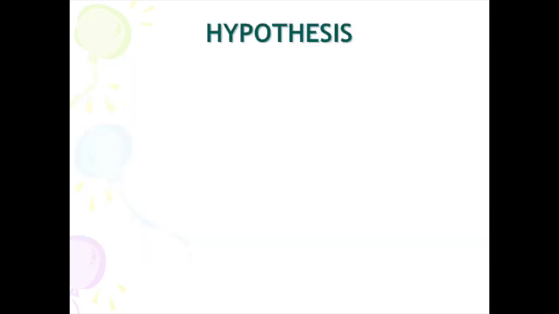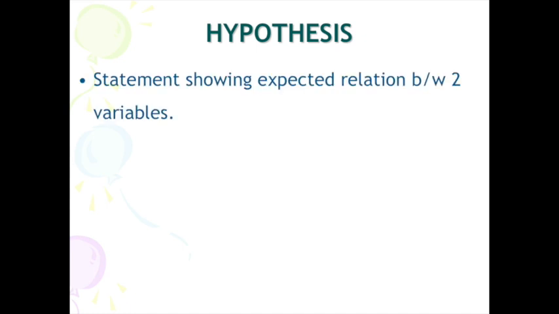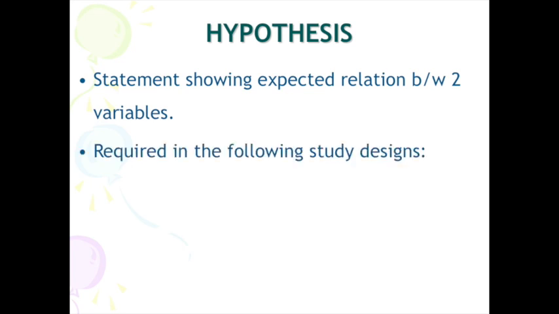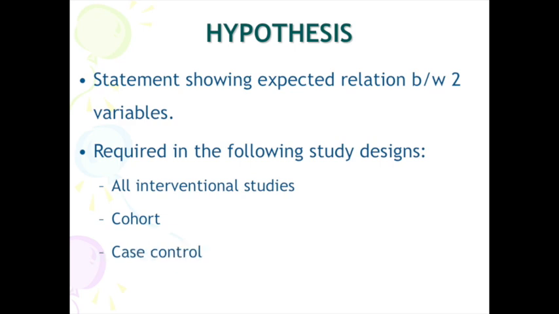Now let's move on to hypothesis. A hypothesis is a statement showing expected relation between two variables. It is required in the following study designs: all interventional studies, cohort study designs, case control studies, and comparative cross-sectional studies.